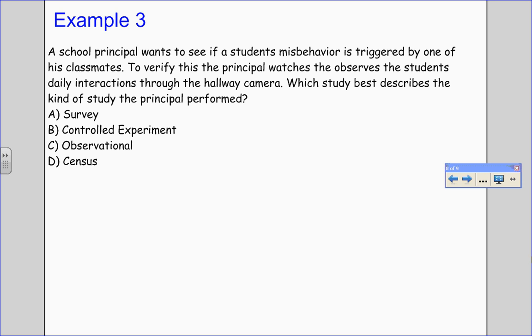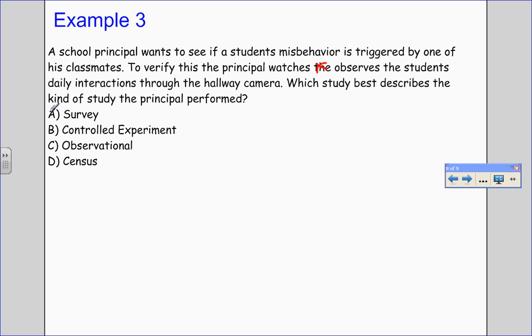Okay, a school principal wants to see if a student's misbehavior is triggered by one of his classmates. To verify this, the principal watches and observes the students' daily interactions through the hallway camera. Which study best describes the kind of study the principal performed?